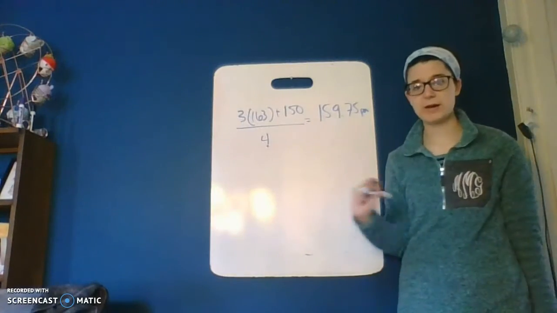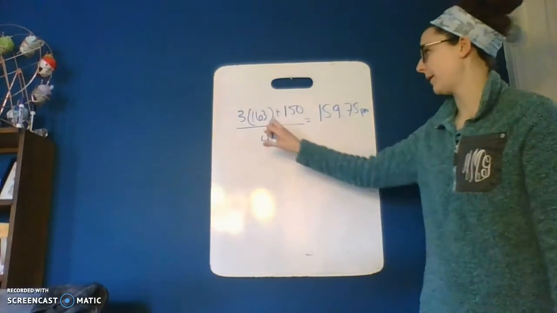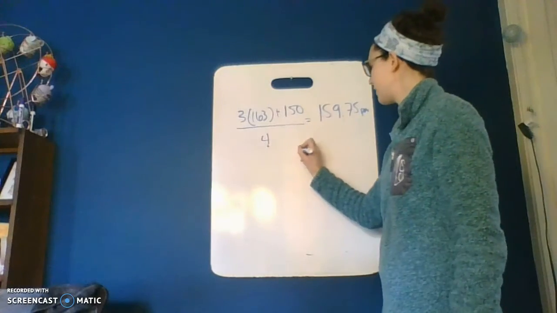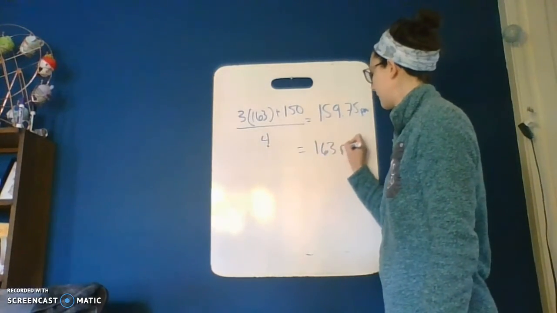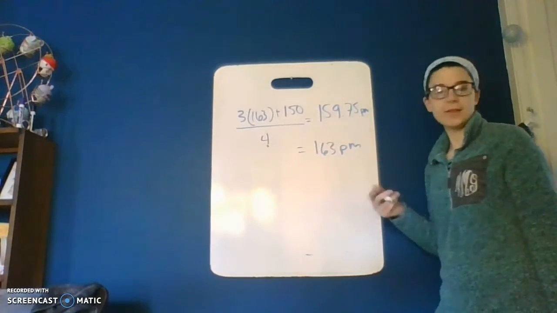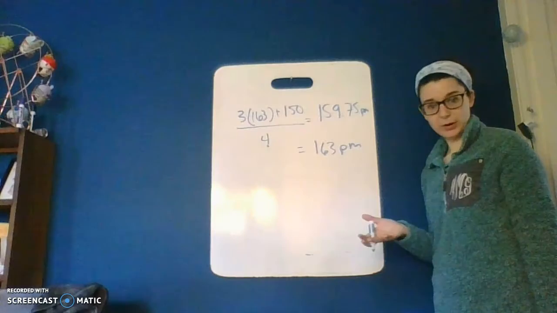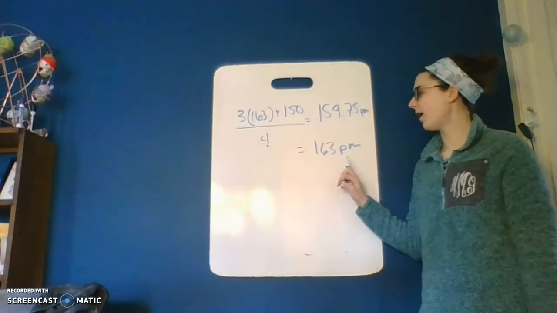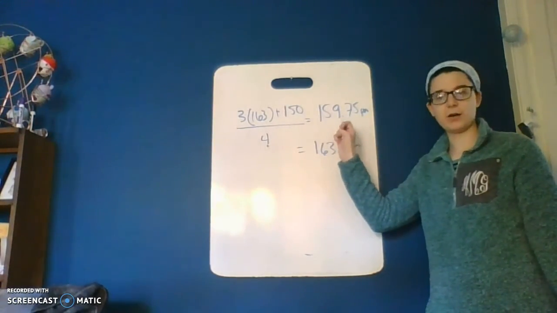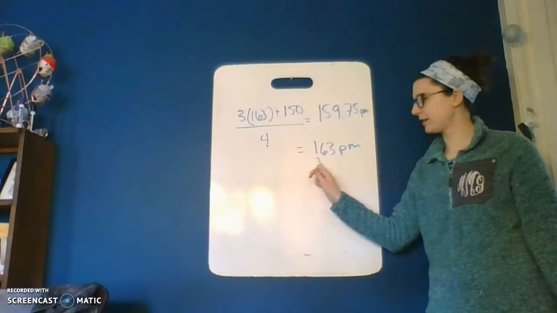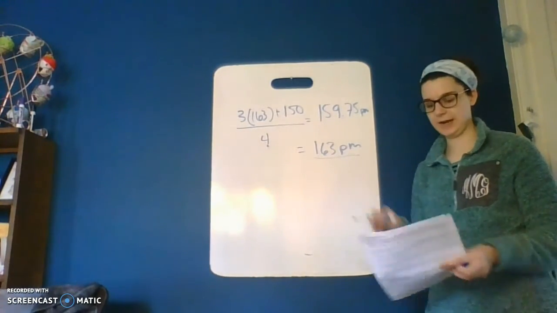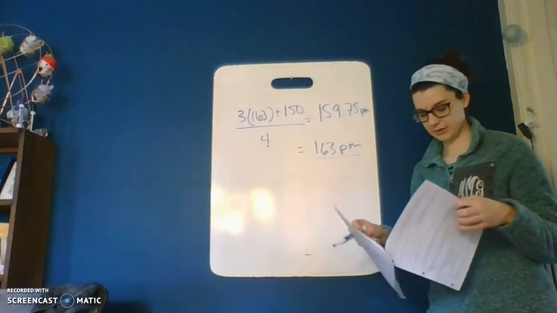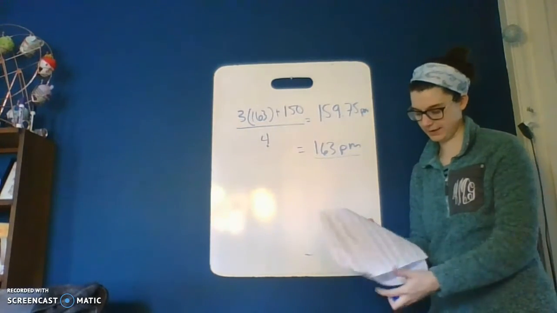For the second one, where I have all 4 single bonds, my average is going to be 4 times 163 divided by 4, which equals 163 picometers. So neither of these is equal to 162.5 picometers, but this one is pretty close. This is a lot further off, so because this is a closer value, I'm going to say that that finding supports diagram 2, in which there are all single bonds in PO4.